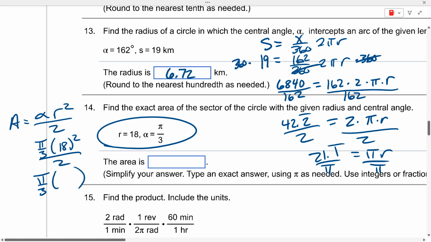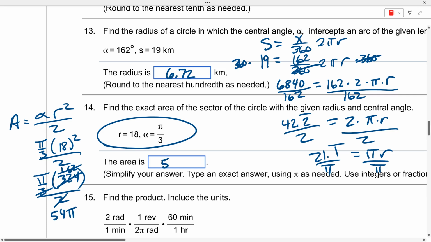18 times 18 is 324. Divided by 2, 324 divided by 2 is 162. 162 divided by 3, I know 3 goes in there 54 times.